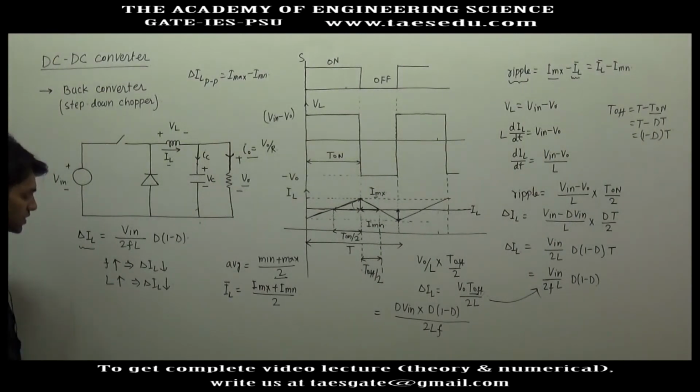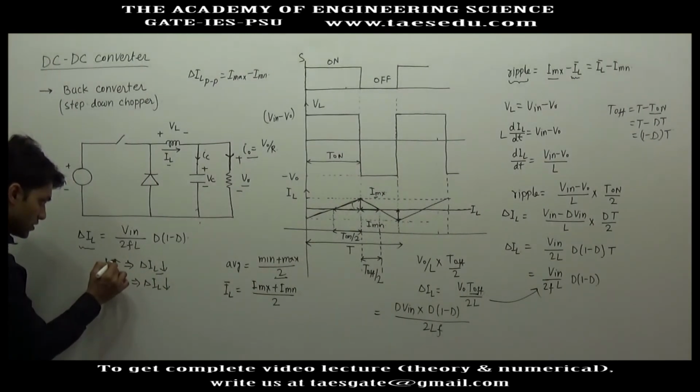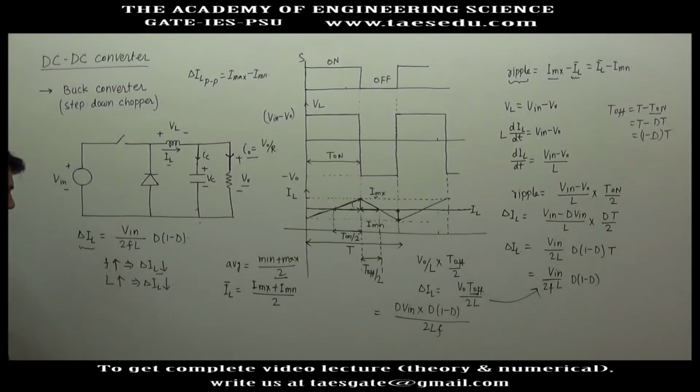Is it possible that for decreasing ripple, if you are increasing frequency, there will be any effect on output voltage? If you change the switching frequency or the value of inductance, will there be any effect on output voltage? The expression of output voltage is nothing but duty cycle into input.